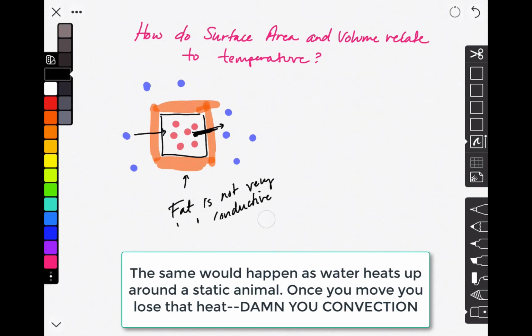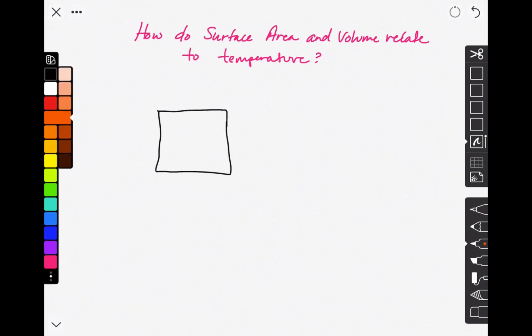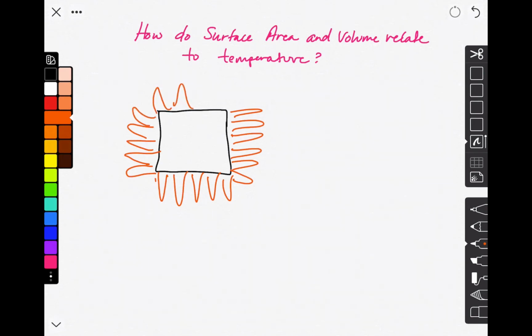So let's go even further. Let's think about feathers. If I now add feathers, or fur, it doesn't really matter what it is, around the animal, what I'm doing is, again, I'm adding a larger distance that this cold molecule is going to have to travel to get to the center.